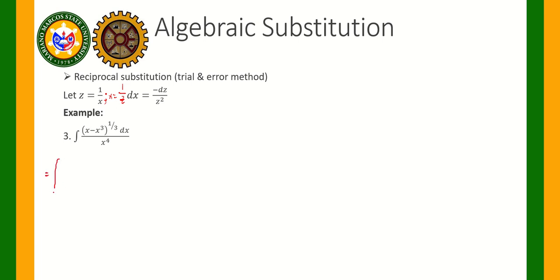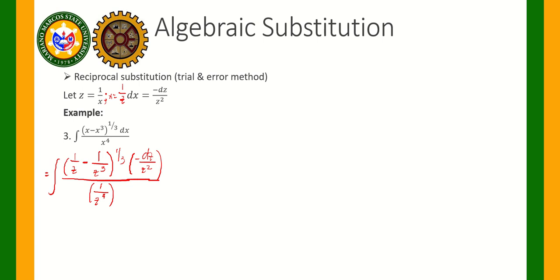So, this will be equal to the integral of 1 over z minus 1 over z cube raised to 1 over 3. Then, our dx is equal to negative dz all over z squared, over si x over 4 natin, that is 1 over z raised to 4.